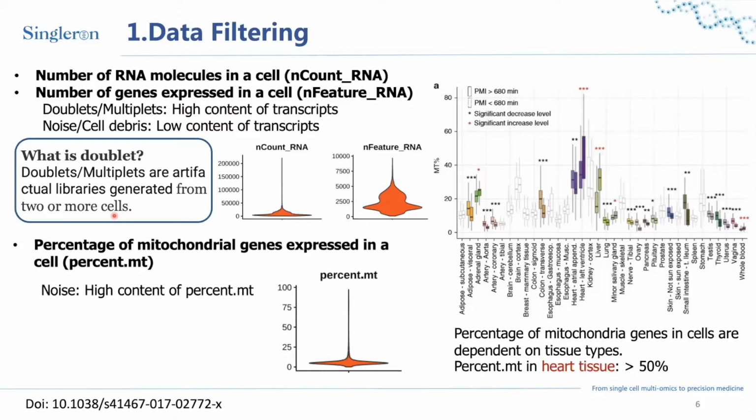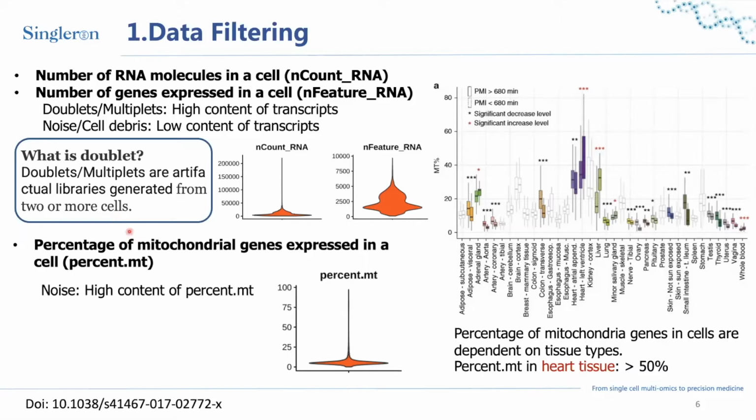Or if you are using a microchip-based technology like Singleron, two cells may fall into one hole to form a doublet. The percentage of doublets is correlated with the concentration of the cell suspension you loaded. Even when you follow the manufacturer's instructions, we still see some doublets in our data. So it is a very common phenomenon.